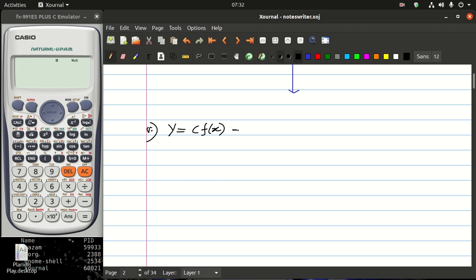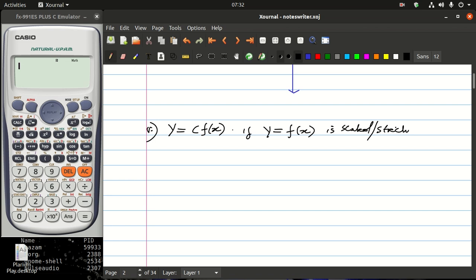This one is saying that, let me write this, I have y is equal to f of x originally, and this function here is scaled, or let me use the word stretched.